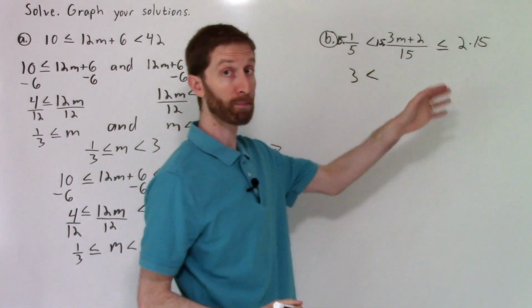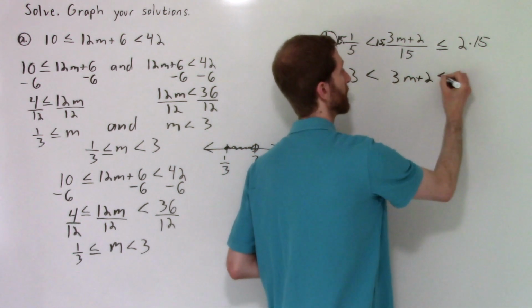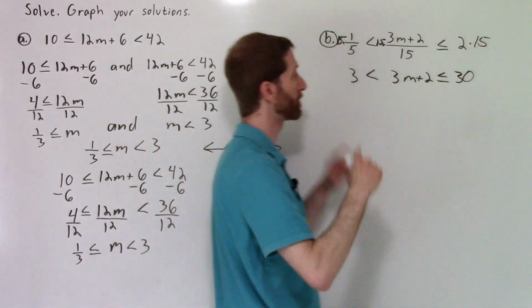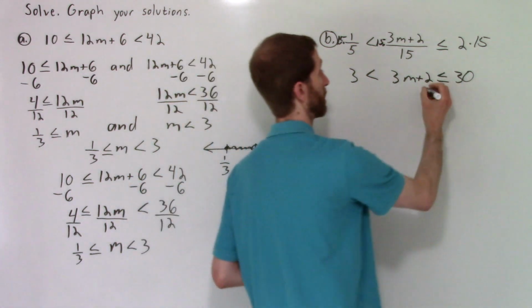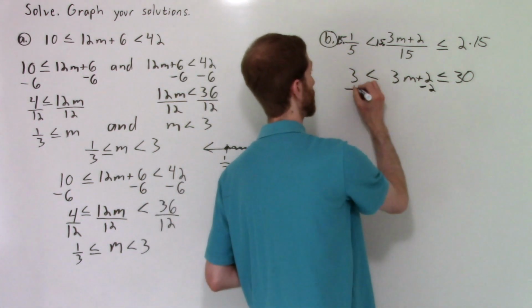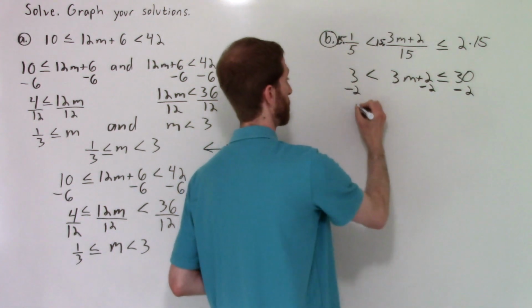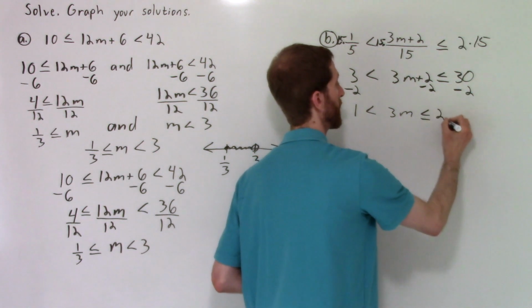We're left with 3m plus 2 on the right side there, is less than or equal to 2 times 15. Again, making sure we did the same operation to both sides, or both inequalities. Then I'm going to subtract 2 from all the inequalities, and we get 1 is less than 3m, which is less than or equal to 28.